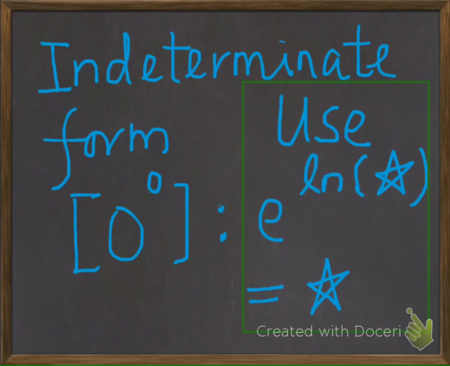What will we get? Most of the time, or all the time, there's no conclusive answer, and therefore we call this form an indeterminate form. In order to solve the indeterminate form of this limit problem, we just use the second identity we have, that is e to the power ln star.